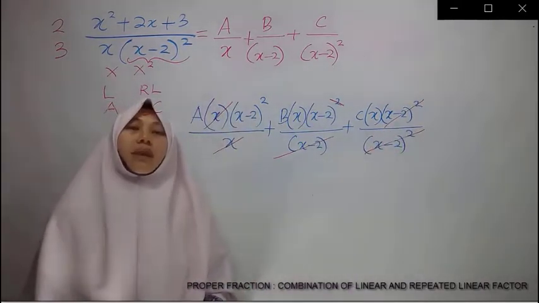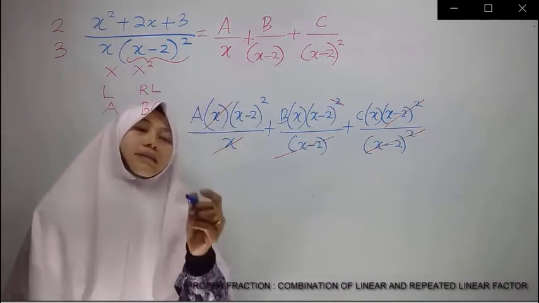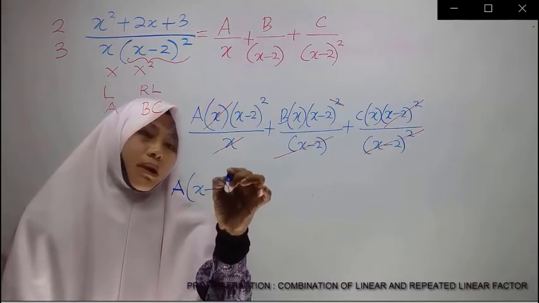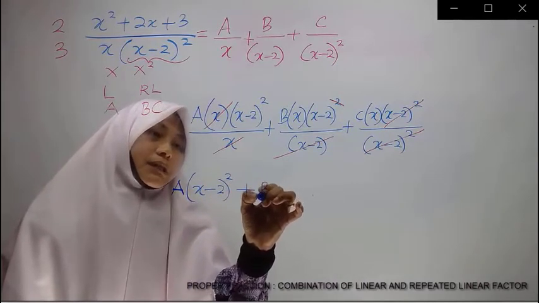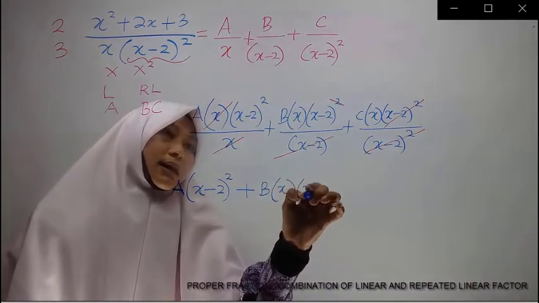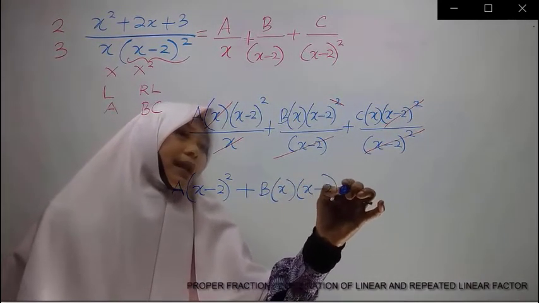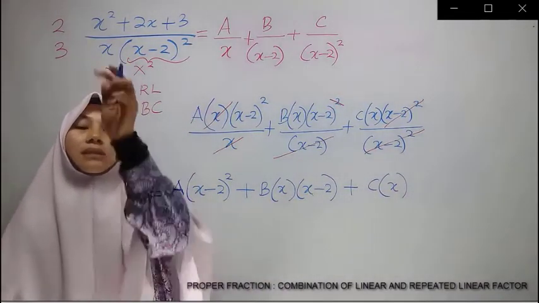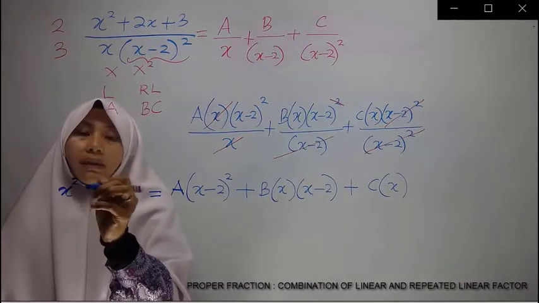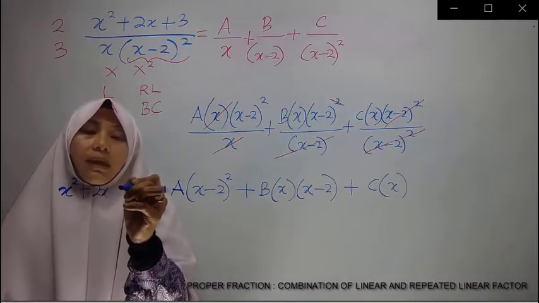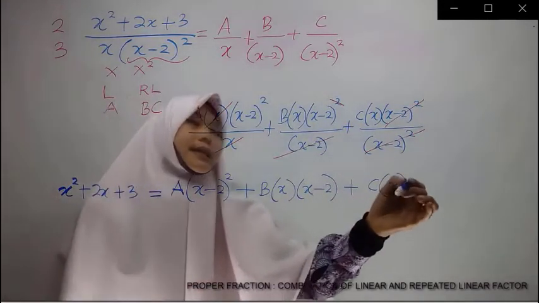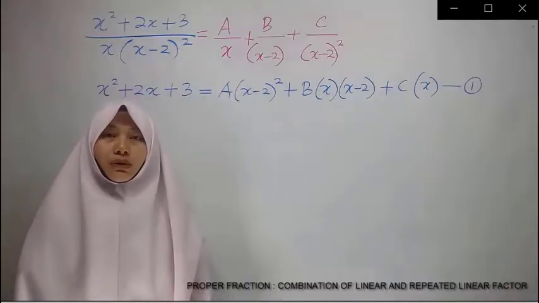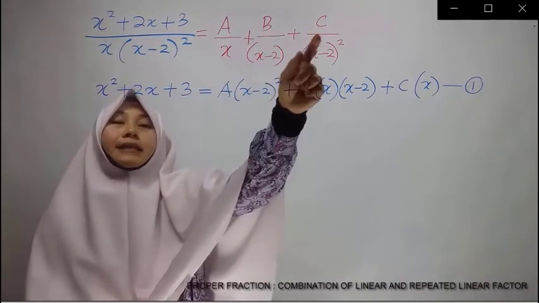Now rewrite what is left as A times x minus 2 squared plus B times x minus 2 plus C times x, and equal it to the numerator of the question, x squared plus 2x plus 3, and label this as our equation 1.